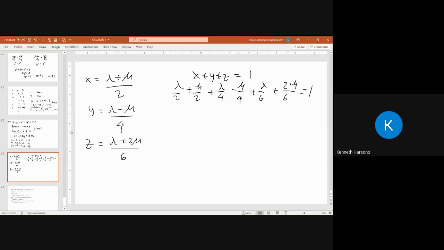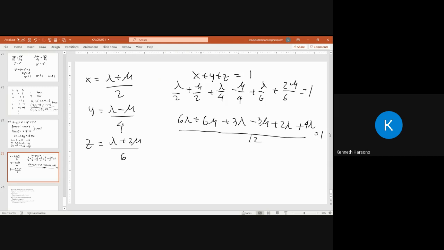We can use 12 as the common denominator. So this is 6 lambda plus 6 mu plus 3 lambda minus 3 mu plus 2 lambda plus 4 mu, all over 12, is equal to 1.